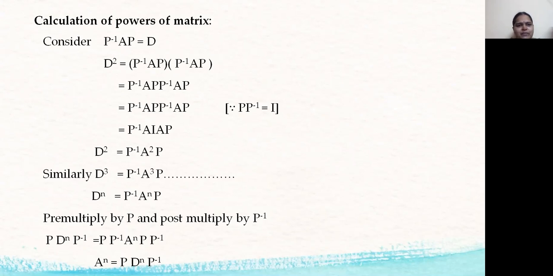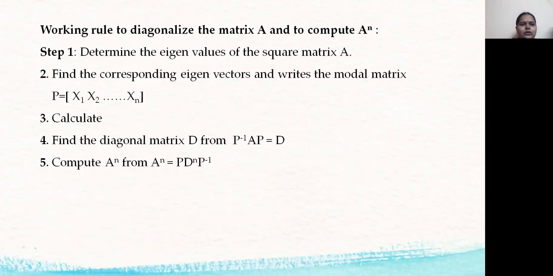Now we will see the working rule to diagonalize a matrix A and to compute A power n. Step 1 is to determine the eigenvalues of the square matrix A. Whenever we have a matrix, first we find the eigenvalues and then the corresponding eigenvectors. Step 2, find the corresponding eigenvectors and write the modal matrix.